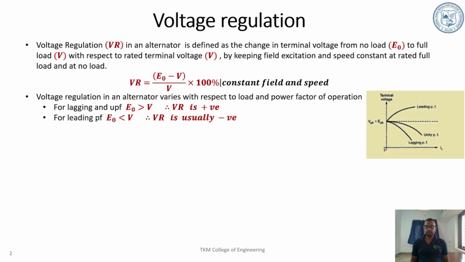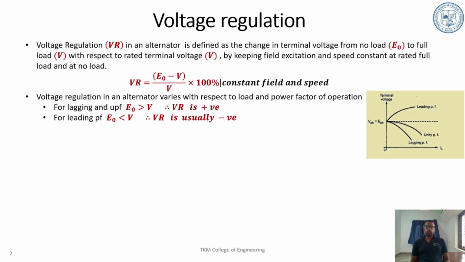Therefore, net MMF or net flux decreases as load current increases. For leading power factor of operation, armature reaction has cross magnetization and magnetization. Therefore, net flux increases as load current increases, and E0 is less than V.